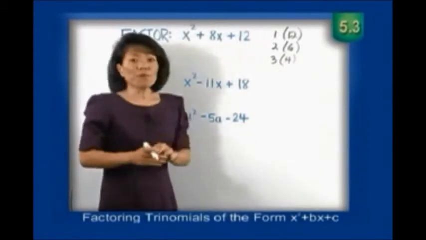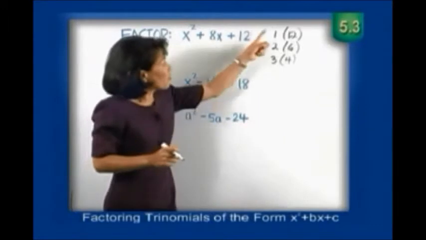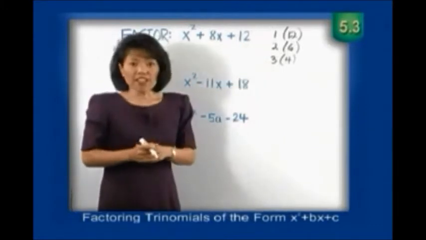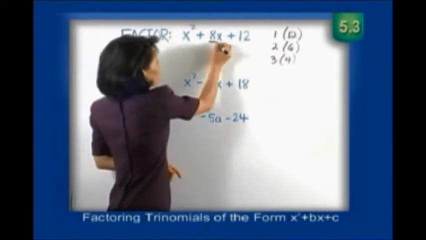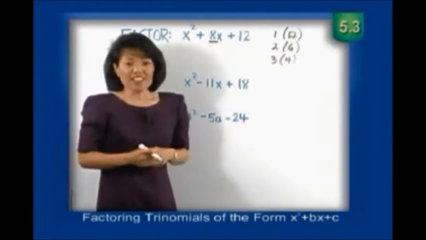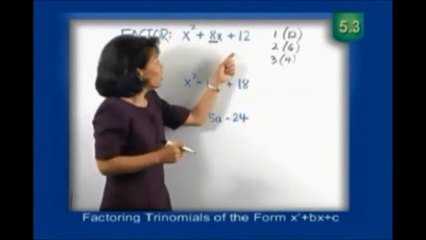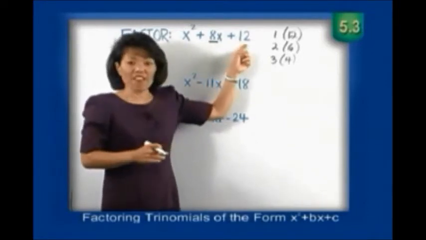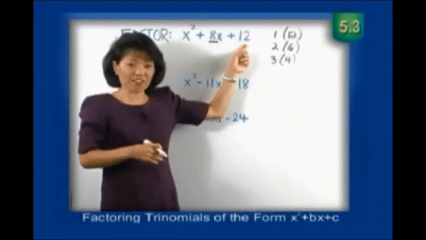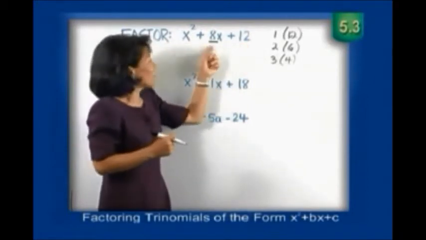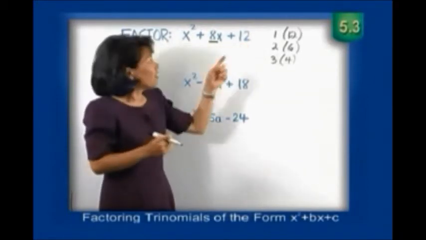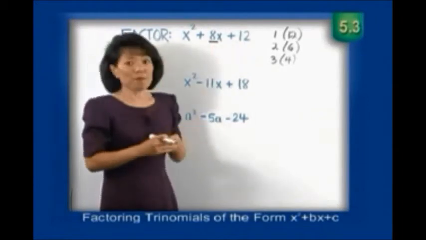In this little number game, we're going to look for the factors of 12 that have a sum equal to the middle term, in this case 8. So you have to ask yourself: what are the factors of 12 that have a sum of 8? Factors of 12, sum 8.